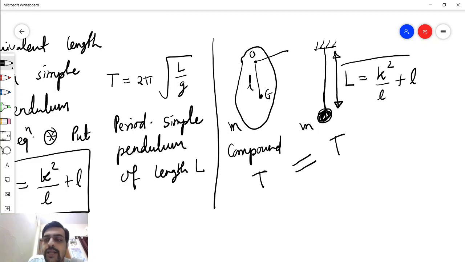So this capital L is called the equivalent length of the simple pendulum.